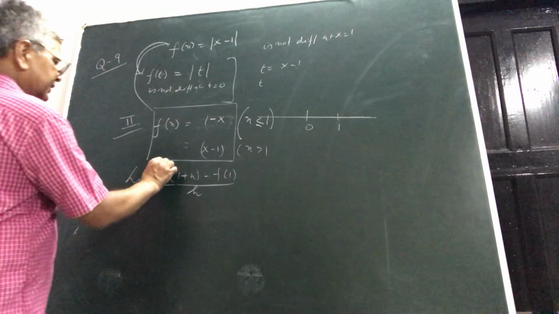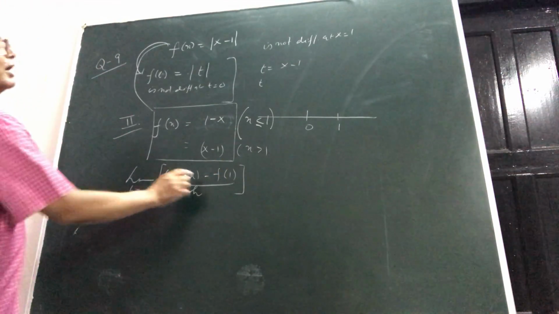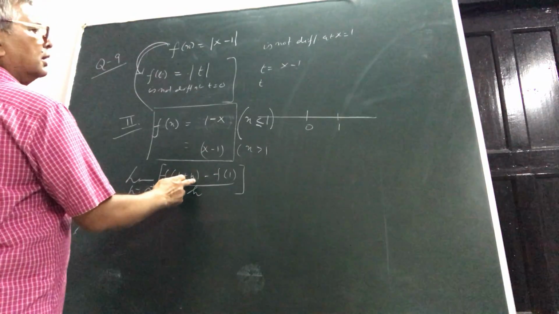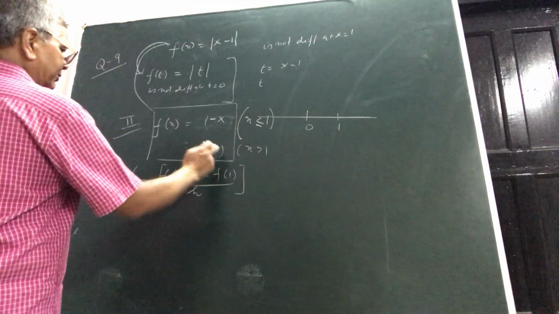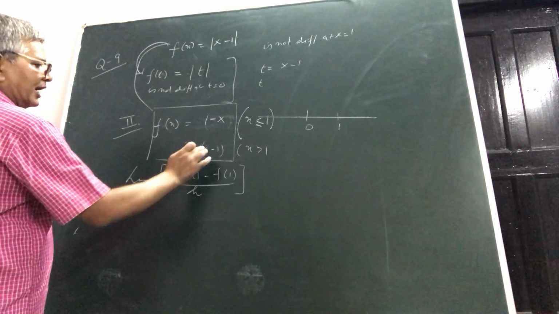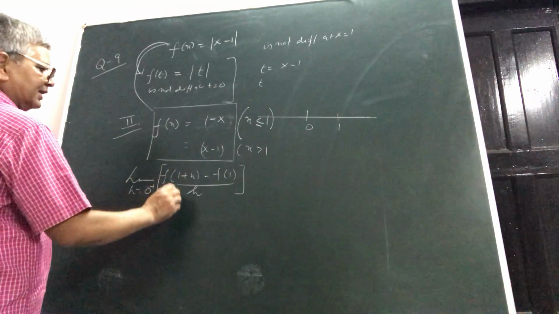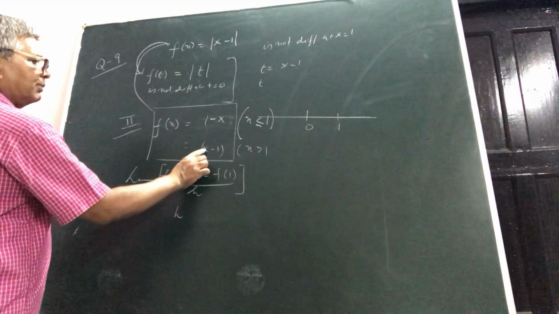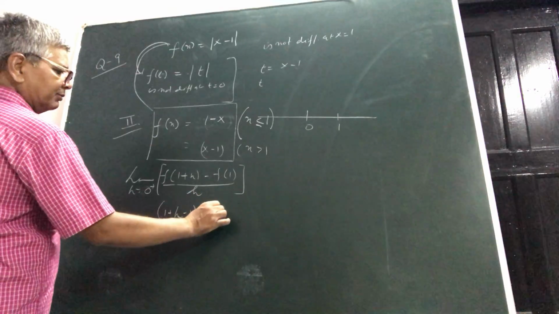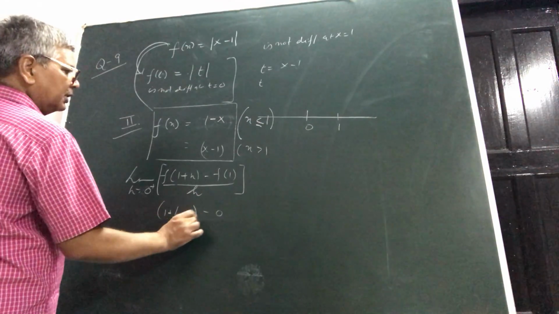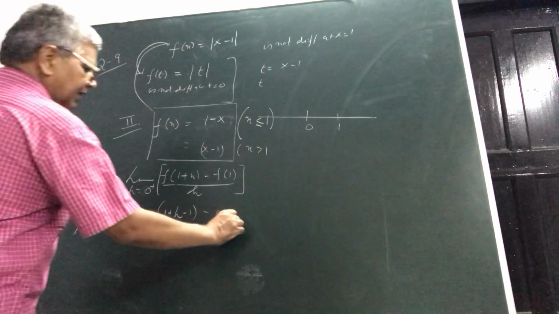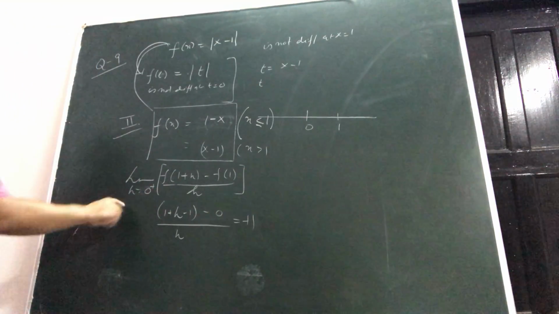Let us see what this limit is. f(1 + h): 1 + h is greater than 1, so it will be x - 1. At the place of x you put 1 + h, so it will be 1 + h - 1 = h, minus f(1), which is 0, upon h. So this is +1. h cancels.